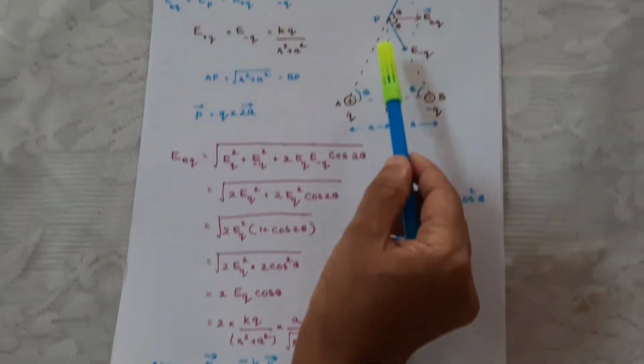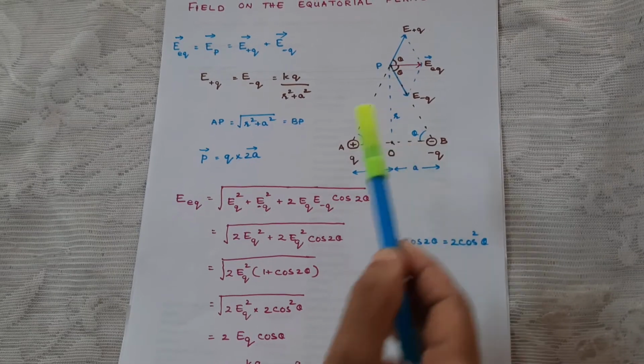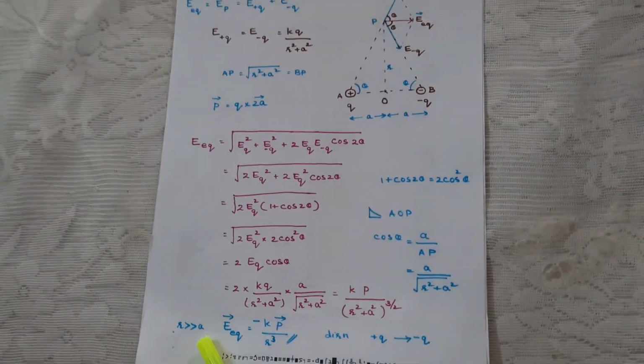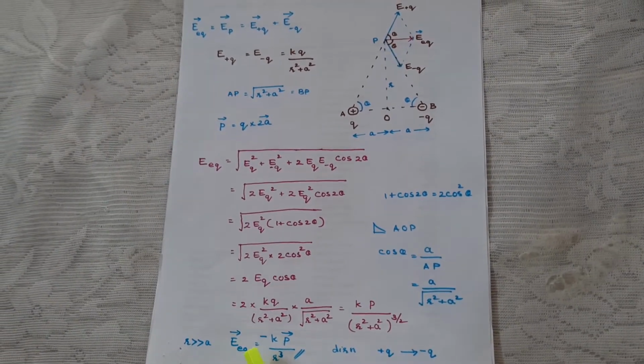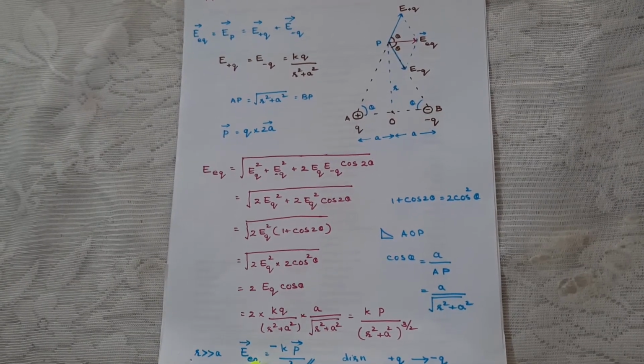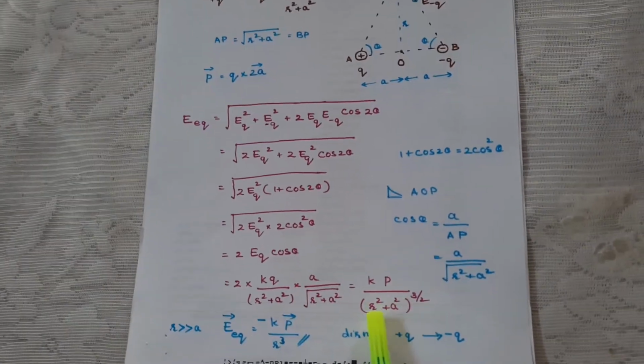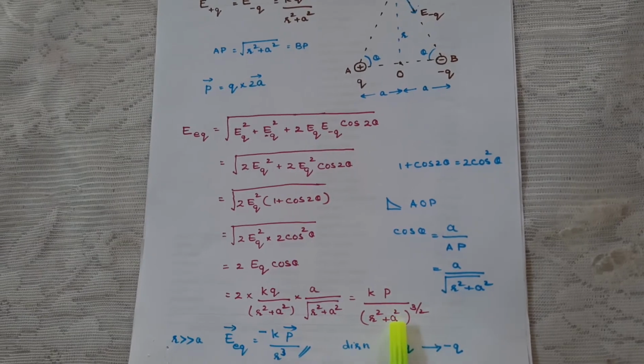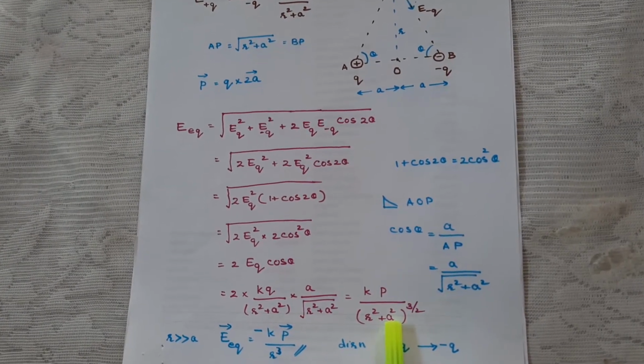If the point is at a large distance from the dipole, R is very much greater than A. So the equatorial electric field is Kp by R cube, because A square can be neglected.